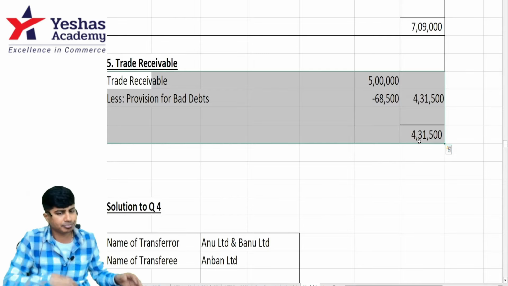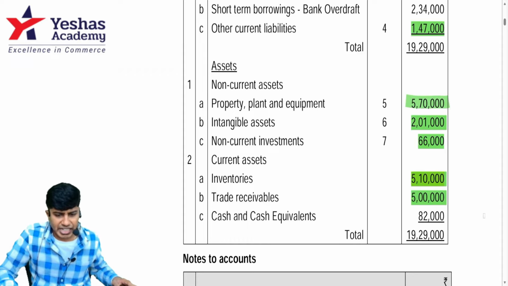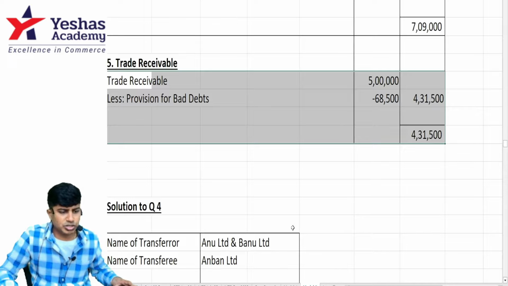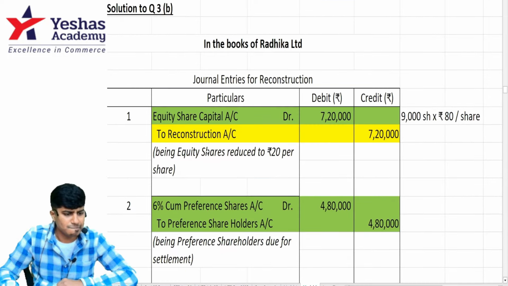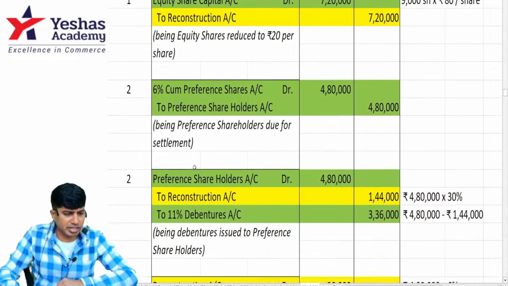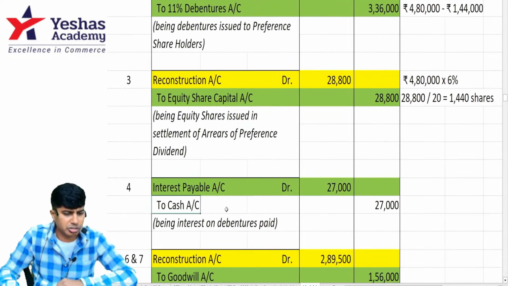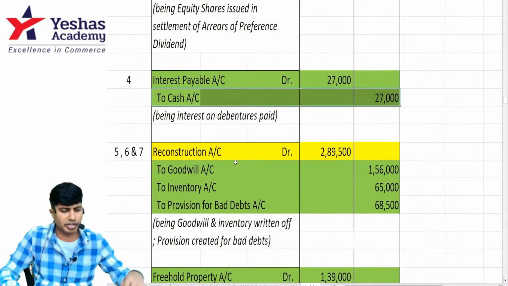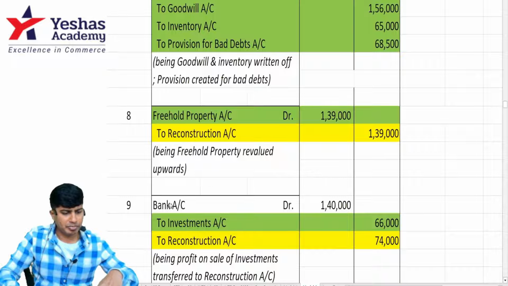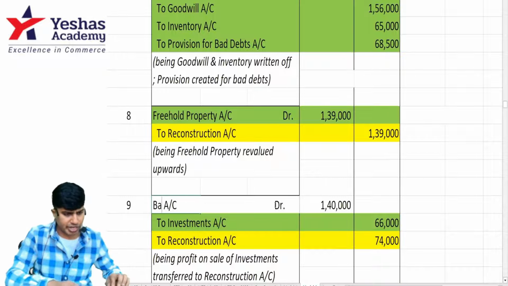Is it okay? Then cash and cash equivalent 82 on. There's a lot of things that's going to happen here. Take 82,000 in the calculator. Nothing here, nothing here. Interest paid, so minus 27. Then this also will change into cash.